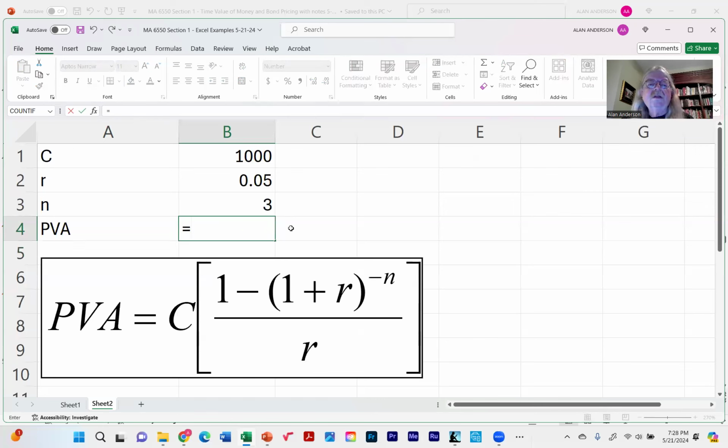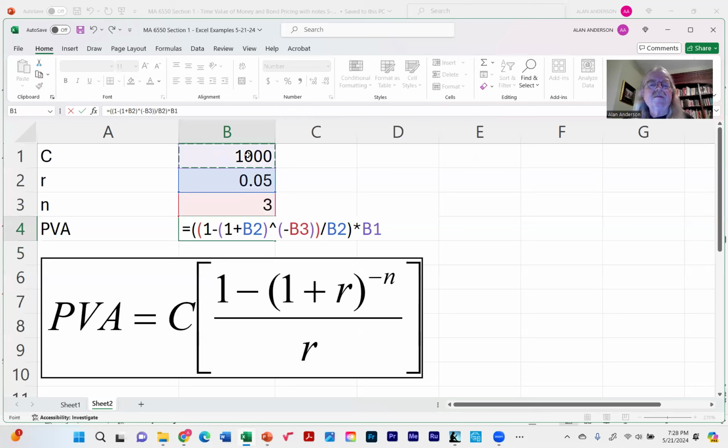All right, let's try this. 1 minus 1 plus r raised to the minus n. That's my numerator. Now, they're surrounded by parentheses. Divide by r. Now, all of this is what's inside those brackets.